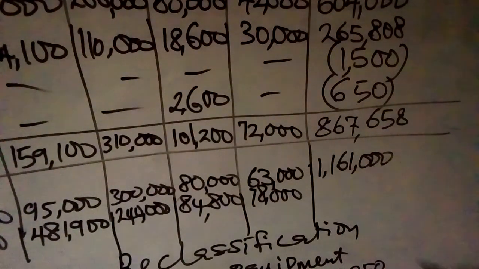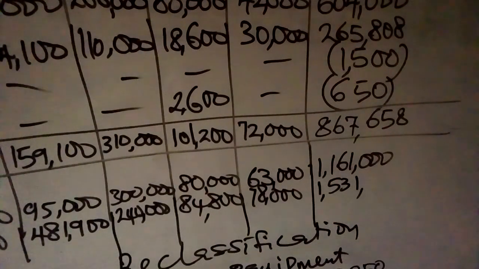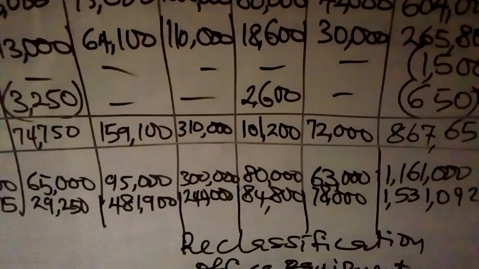Then you have 1,531,092. This is part 1 of my presentation on IAS 17. Please be expecting part 2. Thanks.